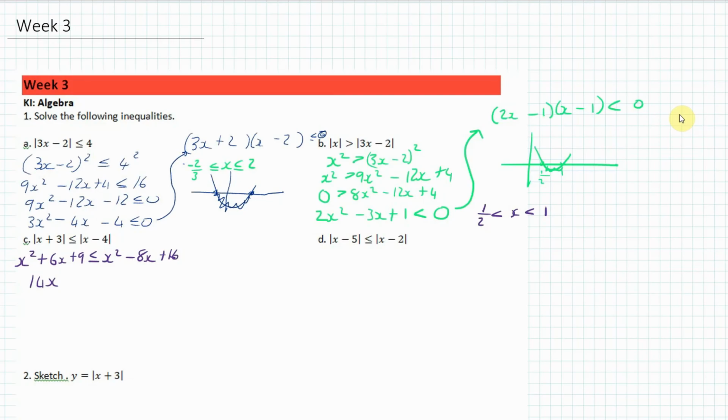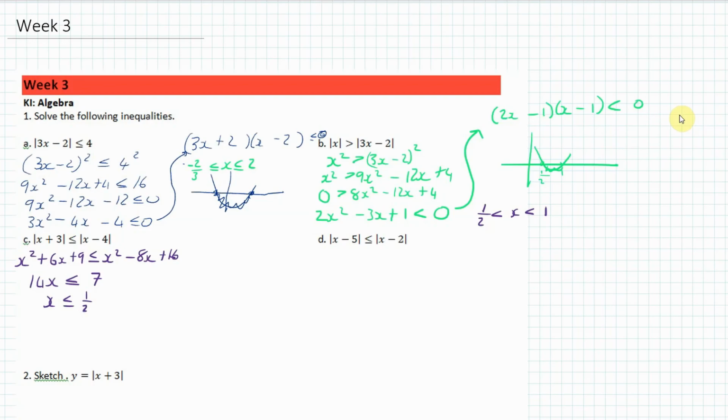And I won't bring it all over there. I'll bring the 9 across to the right hand side, subtracting 9, so it will give me 7, and I'll get x is less than or equal to 7 over 14, which is 1/2. And that would be the answer there. X is less than or equal to 1/2.